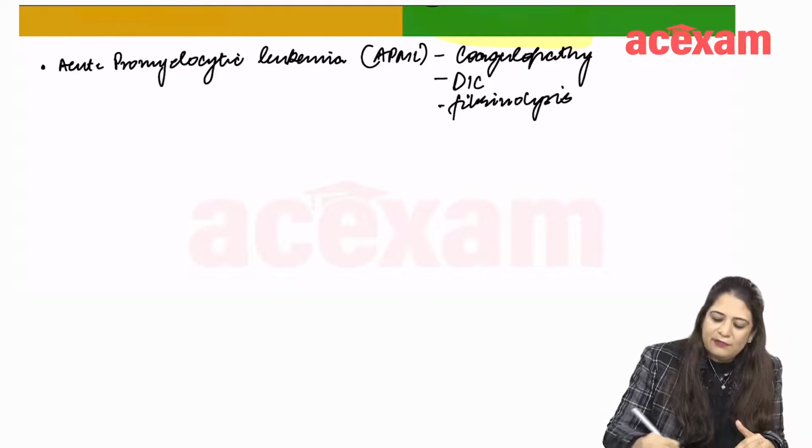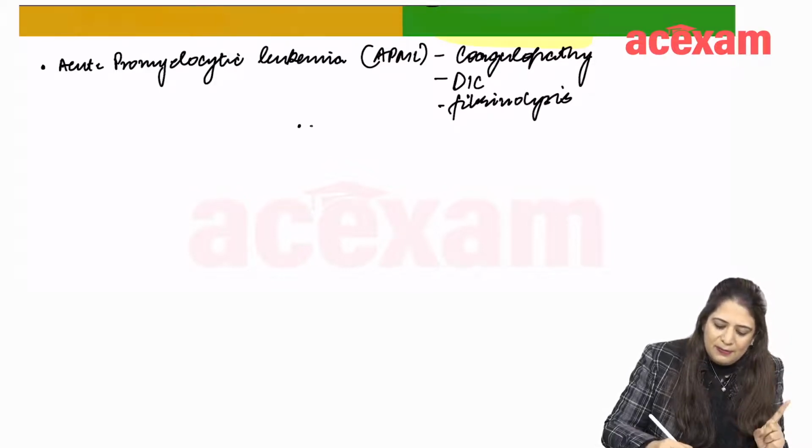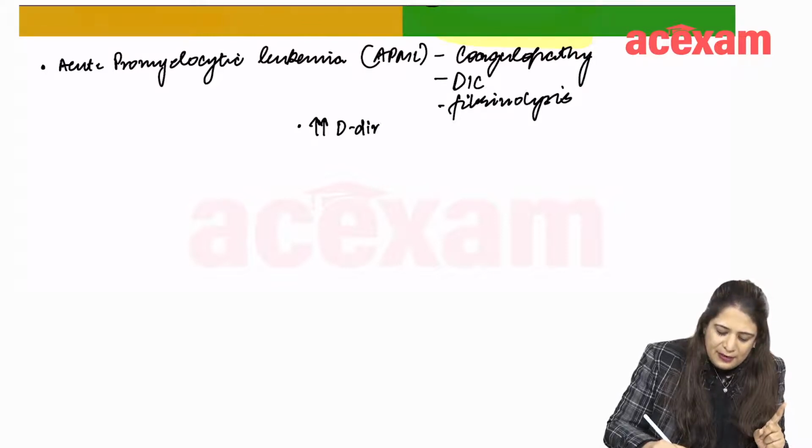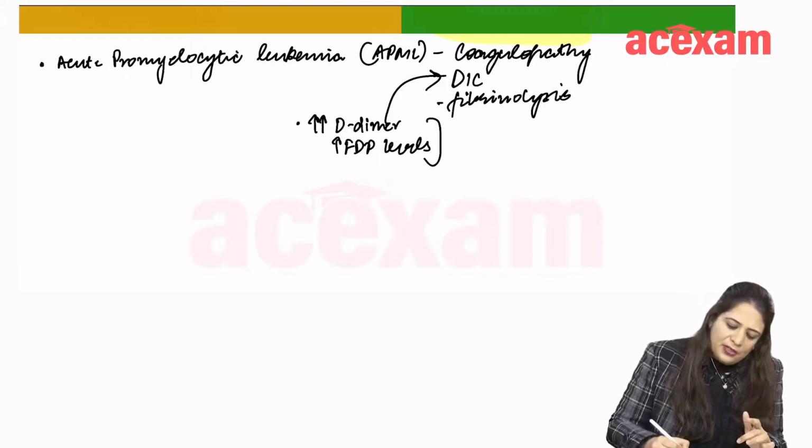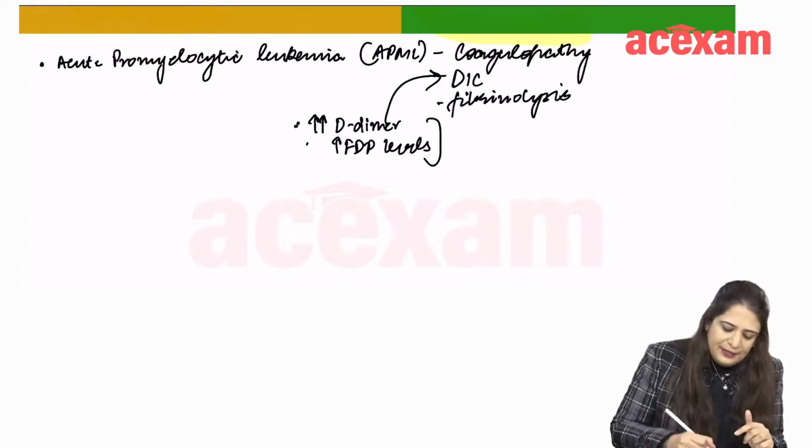Because there is excessive fibrinolysis, a hint may be provided to you that the blood shows increased D-dimer and increased FDP levels. We have discussed this when we discussed DIC in theory lectures, right? So it is associated with these two findings.